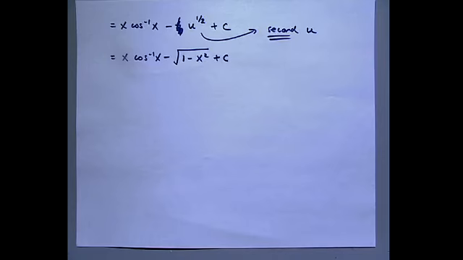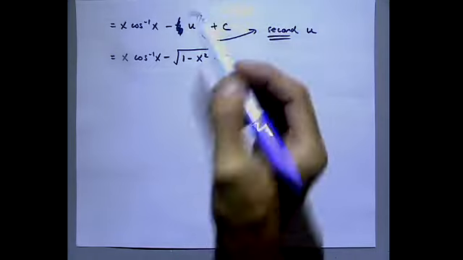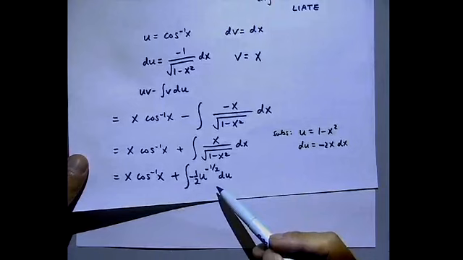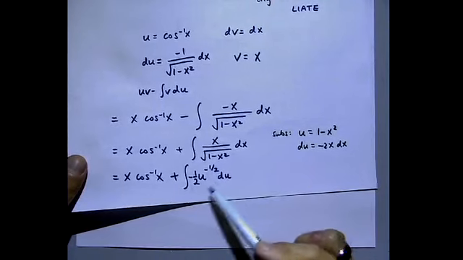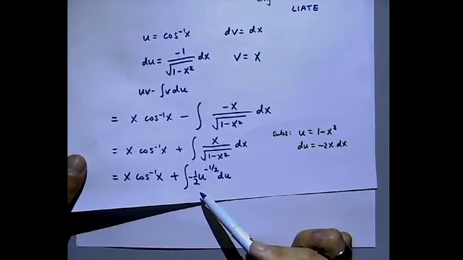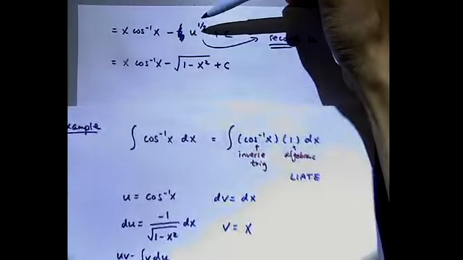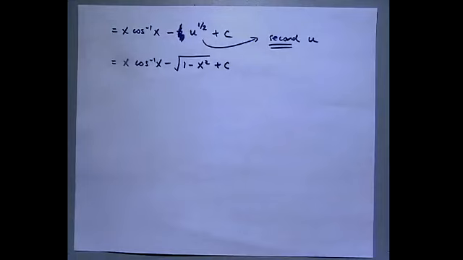Yeah. Okay. So are we good up to here? You're okay up to here? We want to go from here to here. Is that what you want to see? Okay, got it.